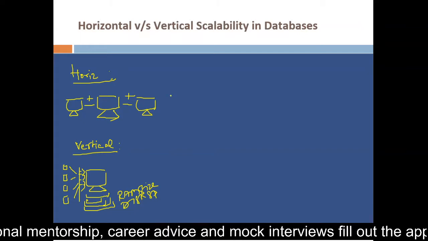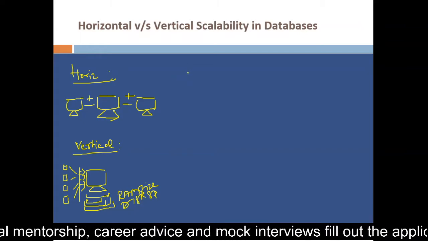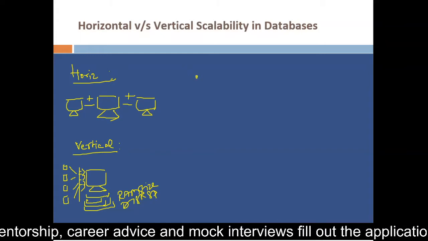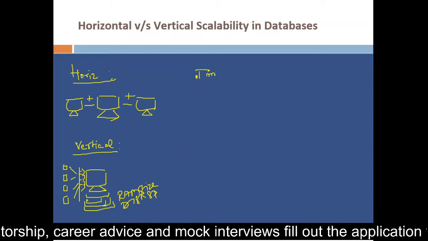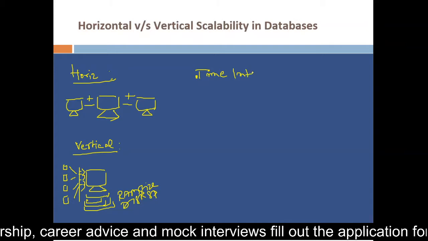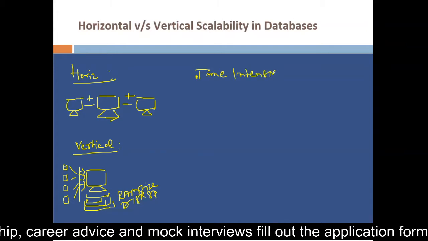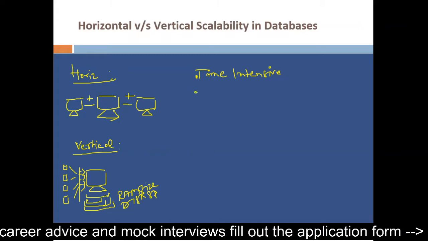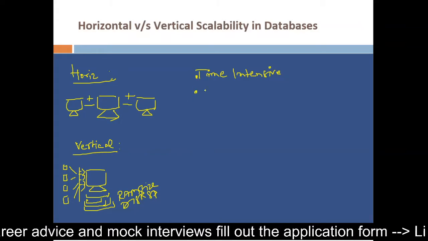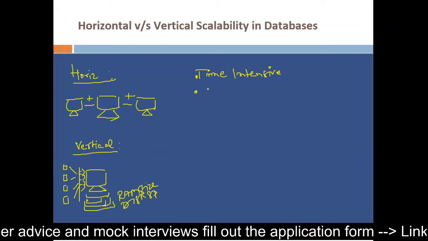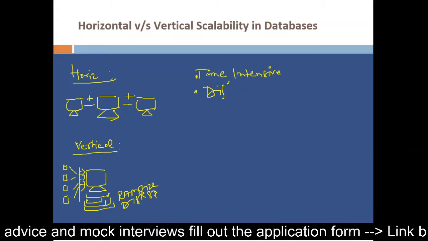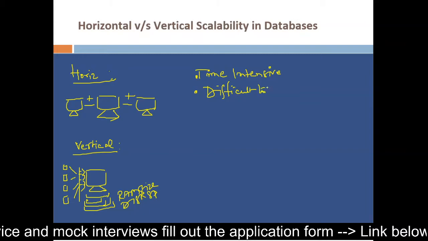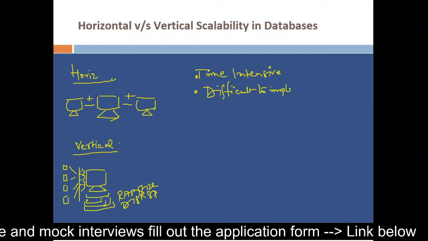Now, what are the different pros and cons of each of these structures? A horizontally scalable structure is more time intensive because you have to add more systems and more computers to this entire network, right? And this is often difficult to implement.